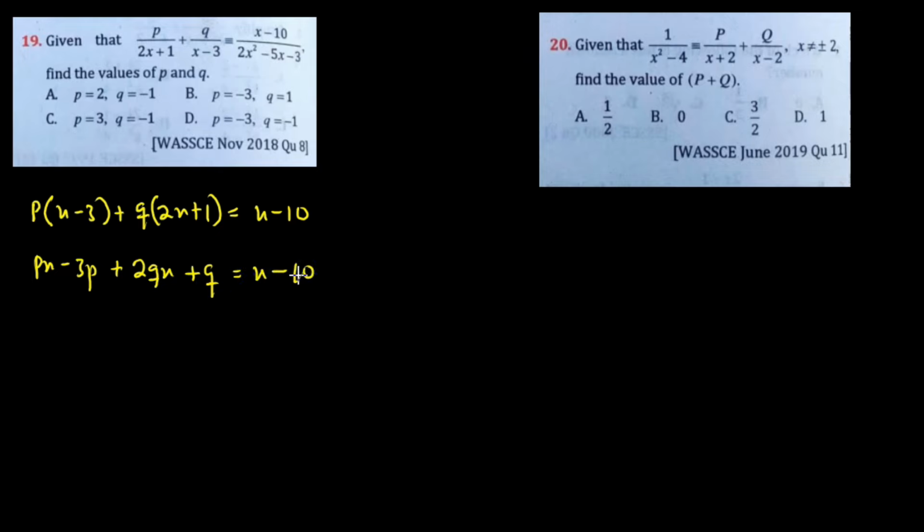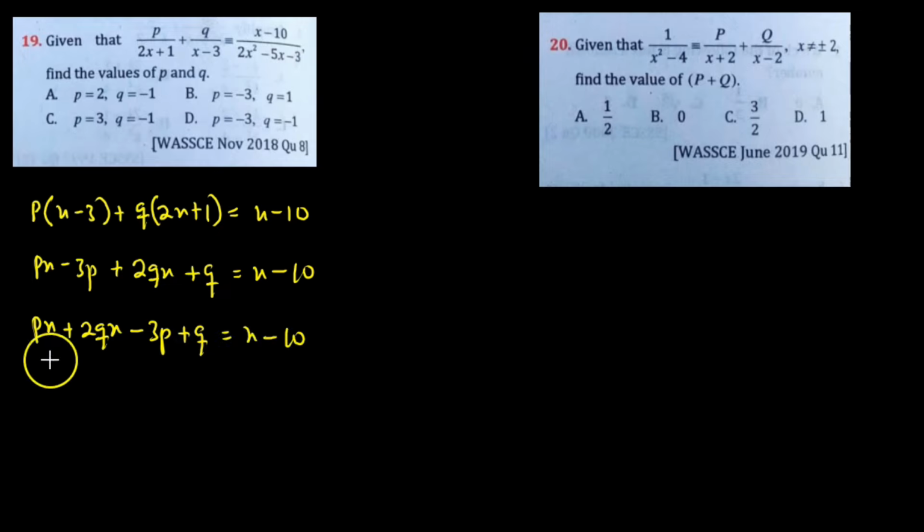Then grouping in terms of descending powers of x, I will have px plus 2qx minus 3p plus q equal to x minus 10.